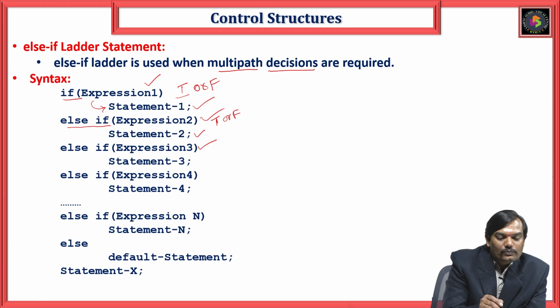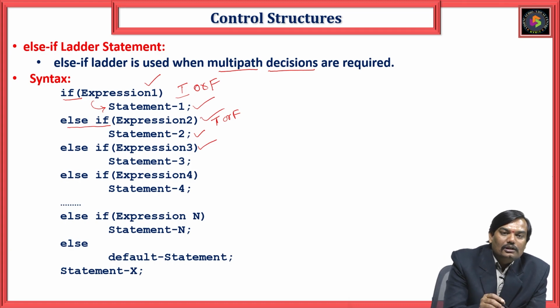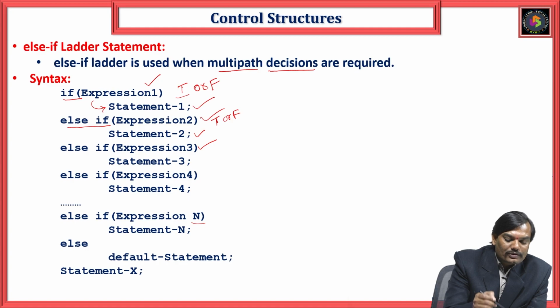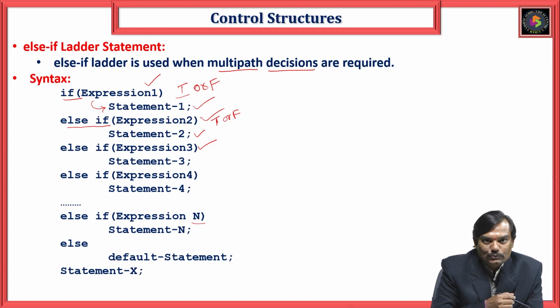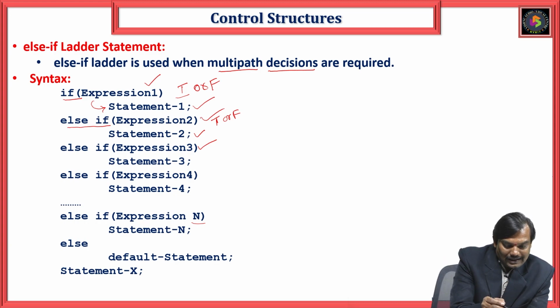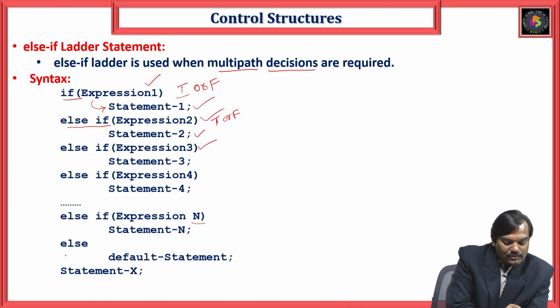Like this, when we use the else if ladder, we check multiple expressions. This is the requirement when we need to check multiple expressions in a program. We can check n number of expressions using this else if ladder. Assume none of the expressions is evaluated to true, then what is going to happen? The else if ladder contains an else block.